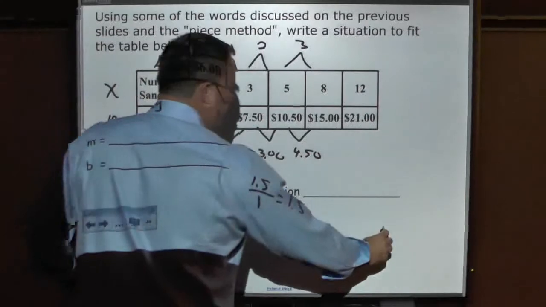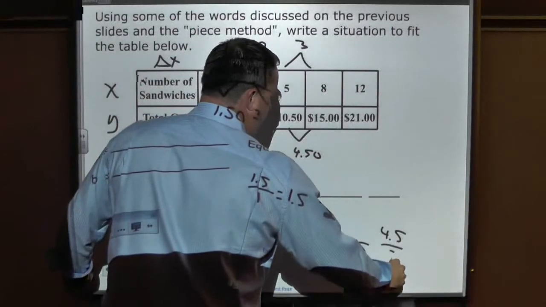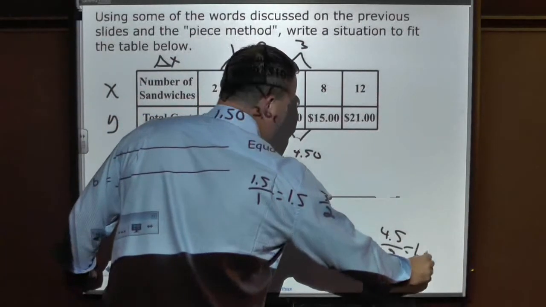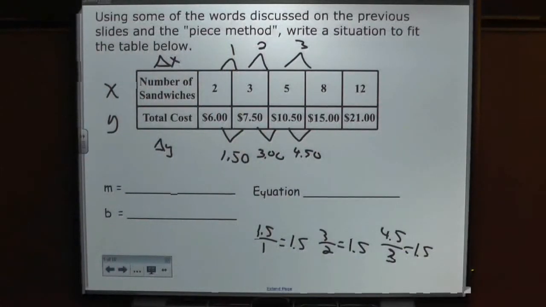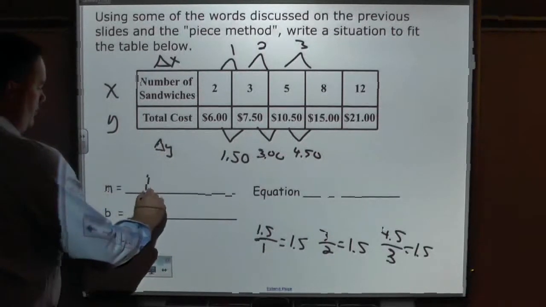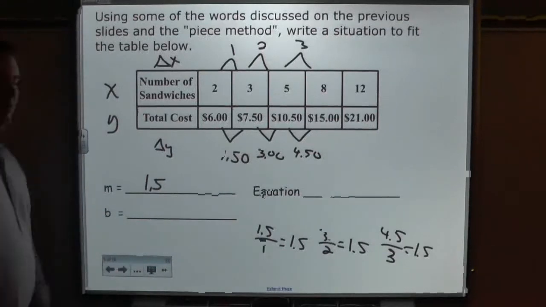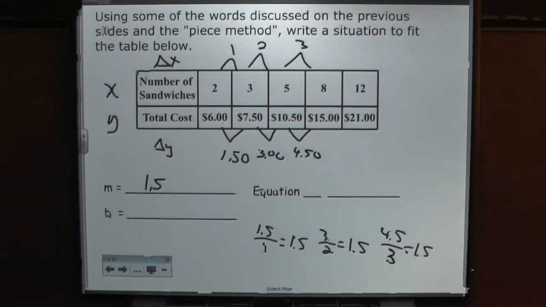And if you divide 4.50 by 3, you're going to get 1.5. Is this a constant rate of change? You bet. Constant rate of change of $1.50. So your value of M, if you want to write just 1.5, you can. If you want to write $1.50, write $1.50.